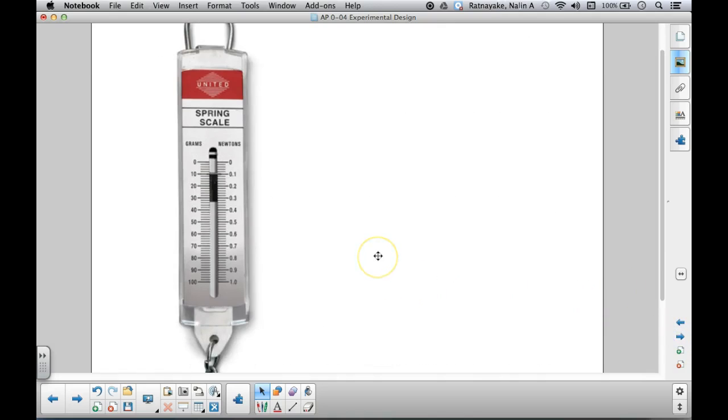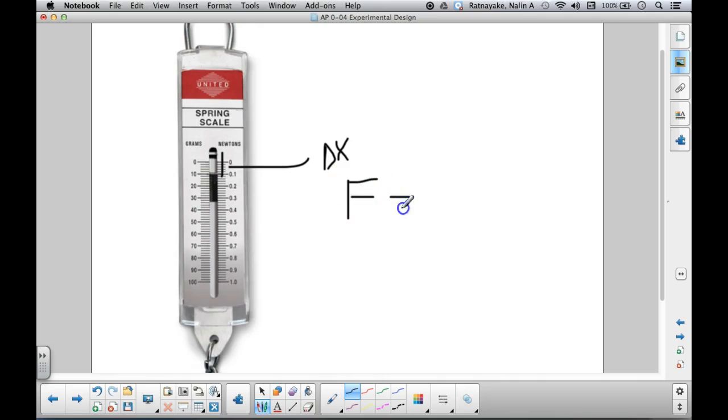Even something as simple as a spring scale involves a model. If you think about it, we're not directly measuring force. We are really measuring a displacement. Right? This is delta x, a displacement. And what I'm hoping is that this spring scale obeys what's called Hooke's law, which is a model of how springs and other elastic stretching, tension, compression objects work.